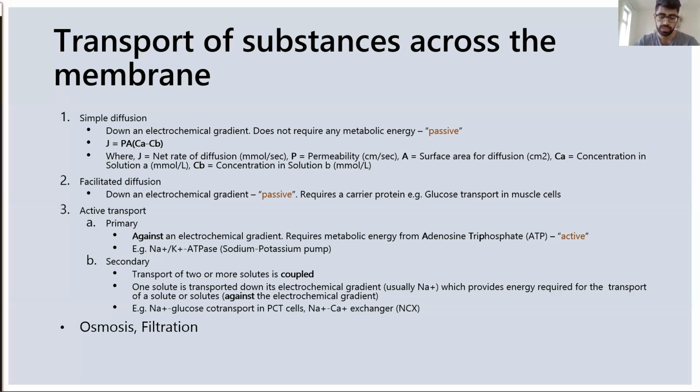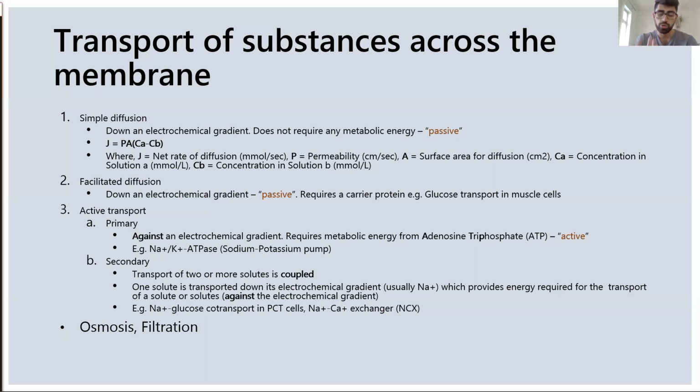We end up with a rate, so we can determine how fast a specific solute will diffuse from one area to another area. Facilitated diffusion is similar in the sense that the solute also travels down its concentration gradient, or its electrochemical gradient. So it's also a passive process. However, it requires a protein.